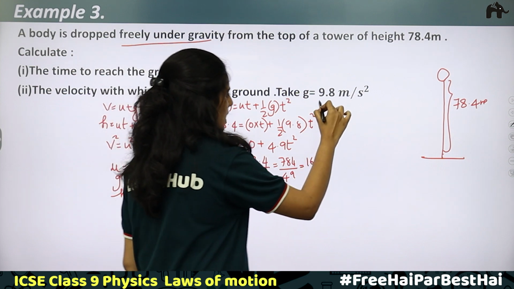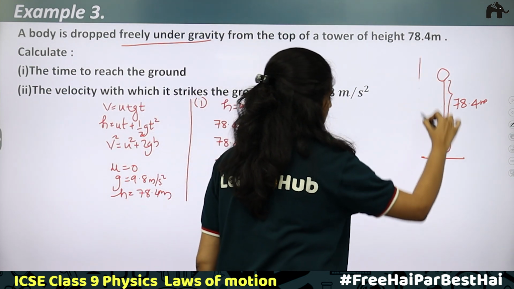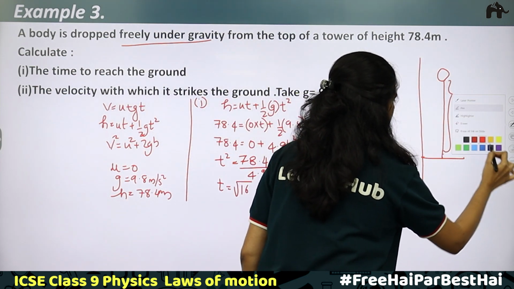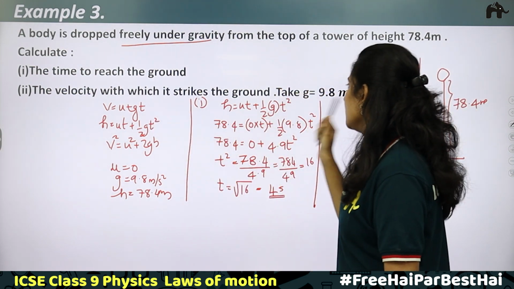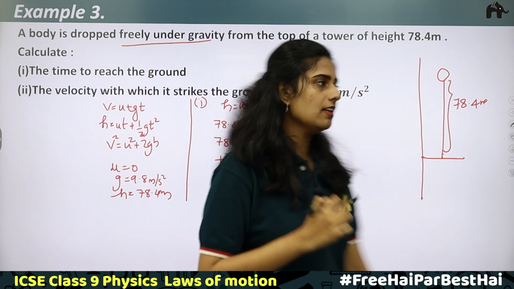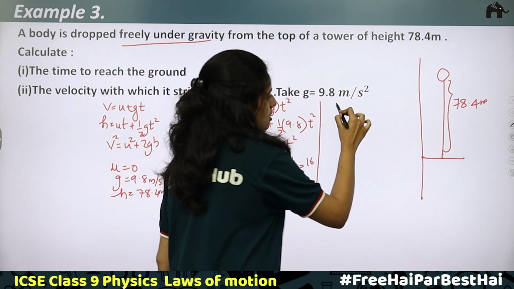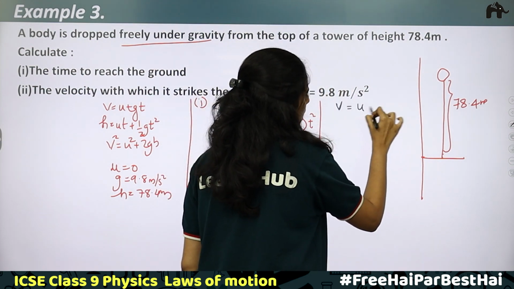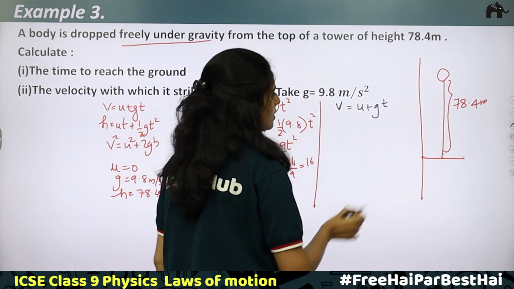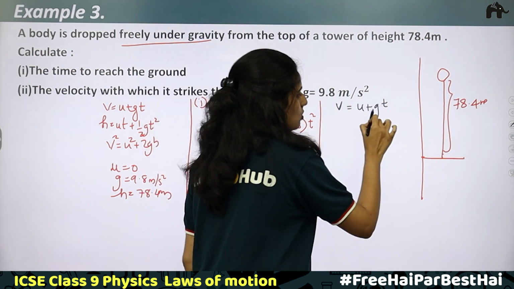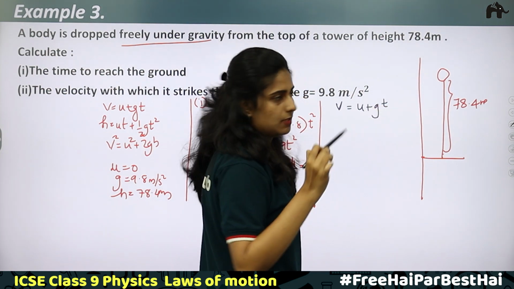Now the second part of the question. The velocity with which it strikes the ground, which means we have to find the final velocity. So take the first equation, v = u + gt. Check whether we have all the values. We know the value of u, we know g, we also know t.